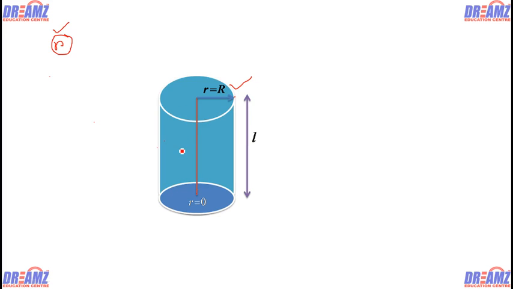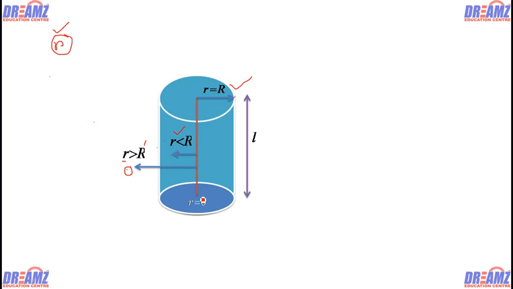But if the point is inside the cylinder, then small r is less than capital R. So if the point is inside the cylinder, the small r, which is a variable, the distance between the point and the axis, will be less than capital R. And if the point is outside, then the distance small r is greater than capital R. So according to the position of the point, the value of small r varies.